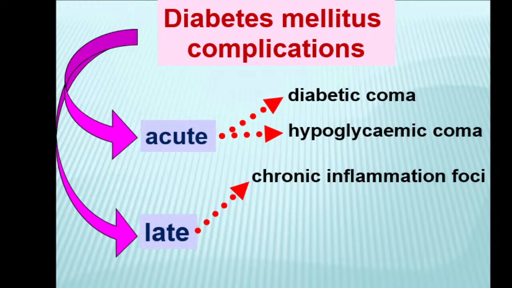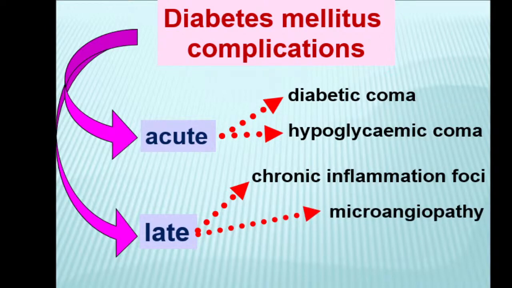As a result, different chronic inflammation foci will form. A patient with diabetes mellitus, due to disordered protein metabolism and decreased immune response, very often will be sick with tuberculosis, pyelonephritis and other chronic inflammatory diseases.